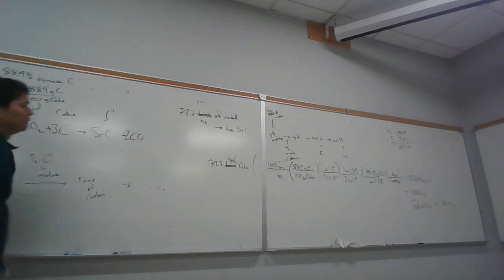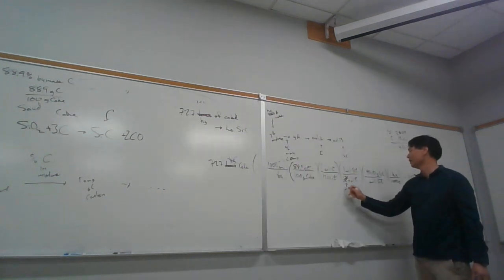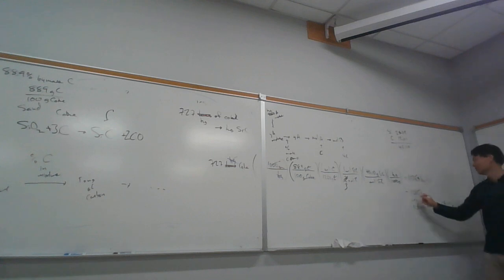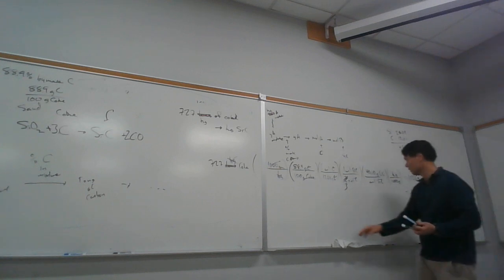Yeah. Okay. So that means I need to change this from a 2 to a 3, which means I need to change this answer. So let me recalculate. Rather than punch the whole thing in again: 727 times 88.9 divided by 100 divided by 12.01 divided by 3 times 40.1 is 719.3.